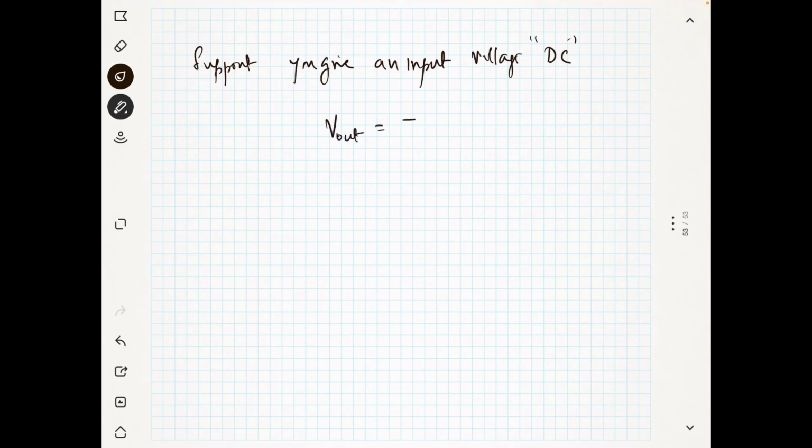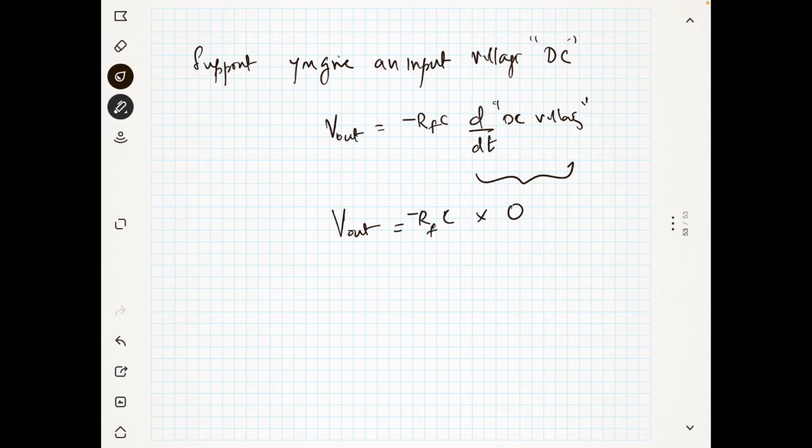V out is equal to minus RF into C into d by dt of the DC voltage, right? DC voltage is a constant, then this part becomes 0, so the output becomes minus of RF into C multiplied with 0, which is equal to 0.